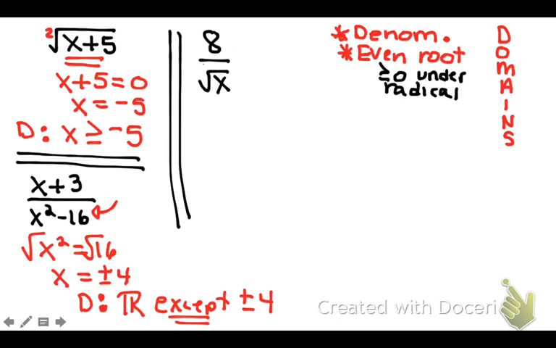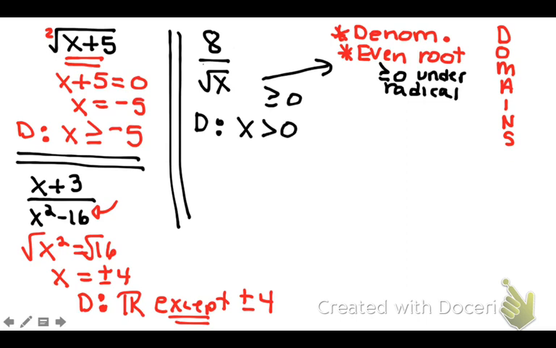This third example, we have an even root, so it says x is greater than or equal to 0, but it's also in the denominator, and we know we can't have a denominator of 0. So the domain for this particular example is going to be x has to be greater than 0.